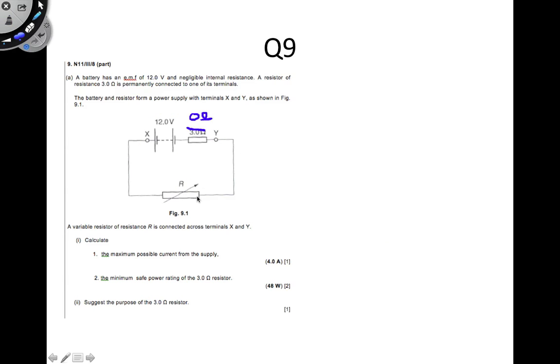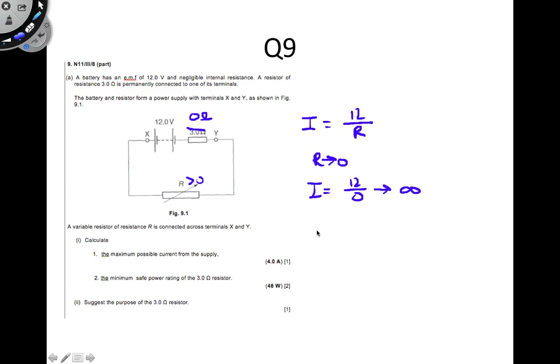There will be no issue if R is not equal to 0. But if R tends to 0, your total current will be 12 over R, and if R tends to 0, my I will be almost like 12 over 0, which gives a very large value, close to infinity.